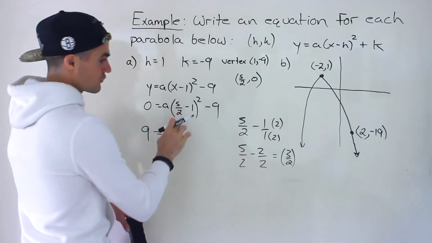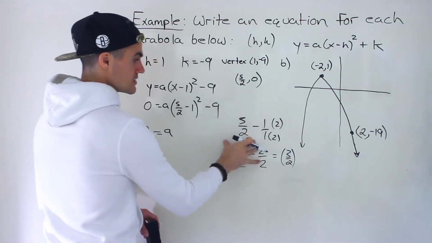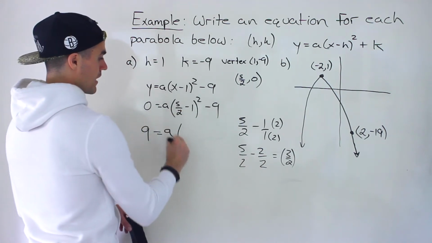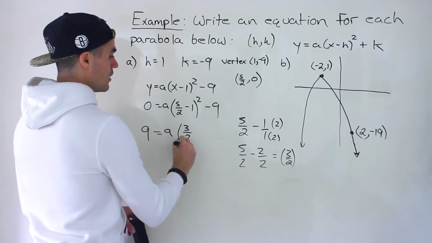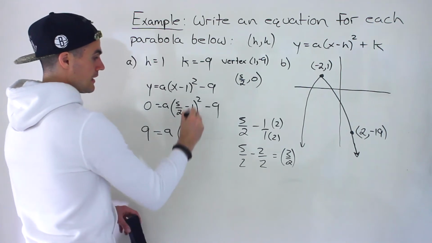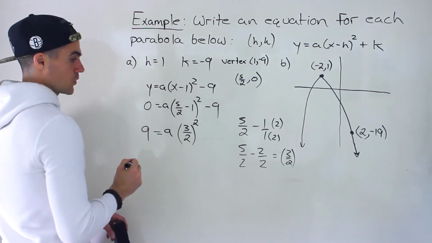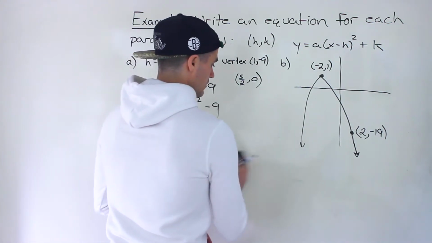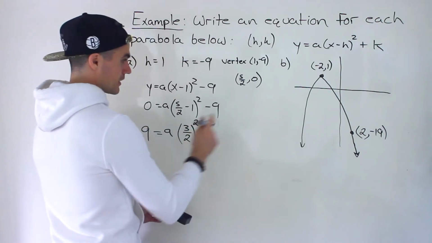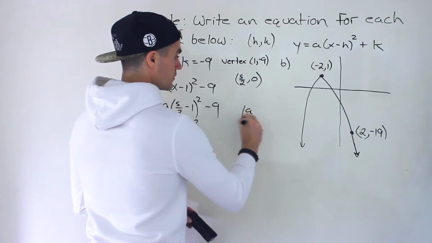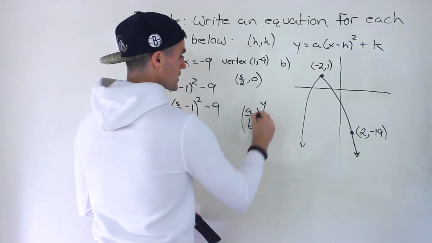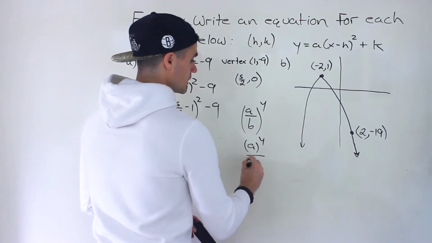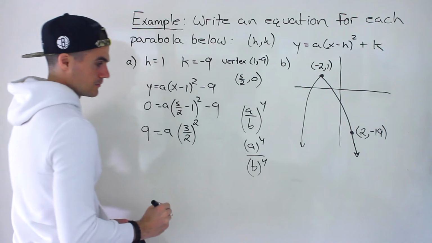But sometimes the fraction is not going to be this smooth, like 2.5 and 1.5, right? So let's keep it in fractions, so we end up with 3/2 in this bracket, and then that's going to be squared. Now, whenever we have a fraction to an exponent, just a little review of exponent rules, we could take the numerator to that exponent, we could take the denominator to that exponent.